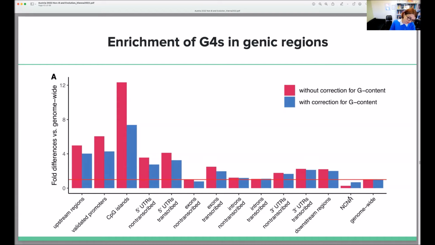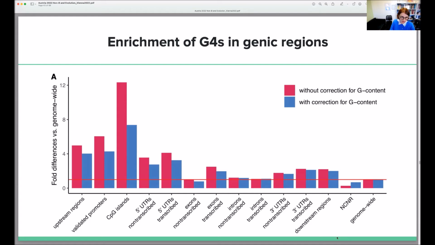In fact, for all the transcribed regions, we are analyzing 2 strands separately. So we're looking at the strand that is transcribed and at the strand that is not transcribed. Then we also have this part of the genome that we frequently use as the neutrally evolving control, non-coding, non-repetitive genome.